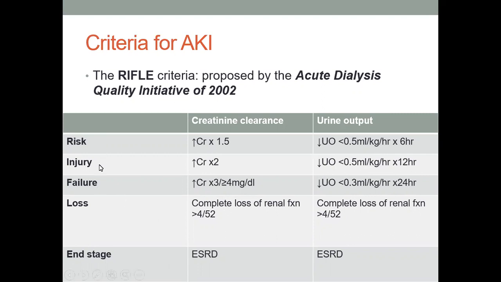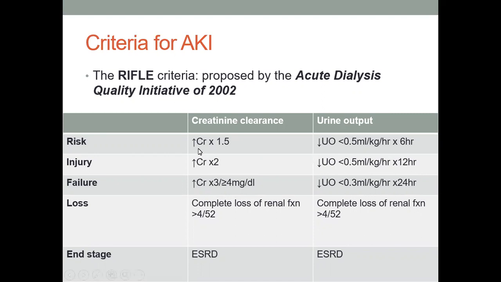I is when there's kidney injury. F is when there's kidney failure. L is when there is loss of kidney function. And E is end-stage renal disease. You can see that there's no glomerular filtration rate here, it's more creatinine clearance and urine output. So the two parameters used in RIFLE criteria are creatinine clearance and urine output.